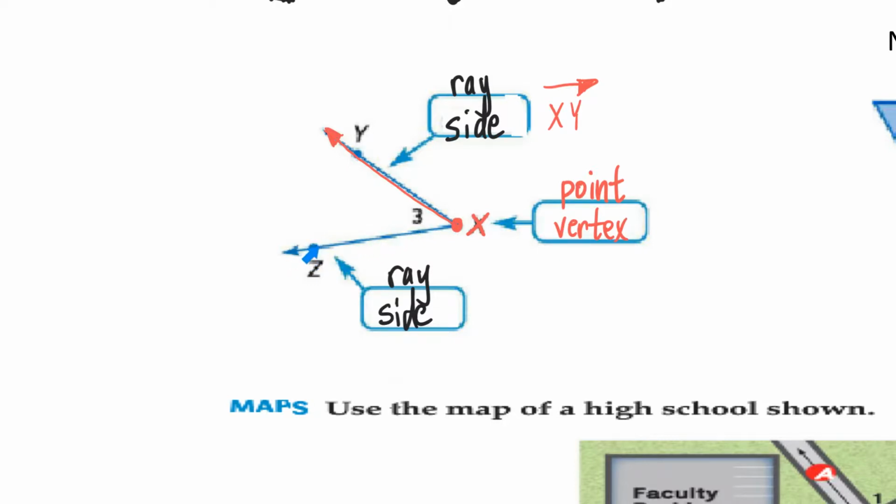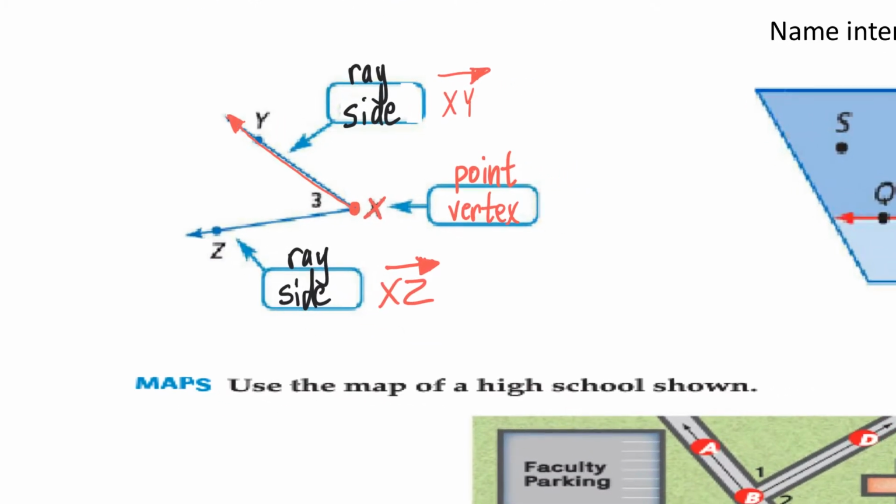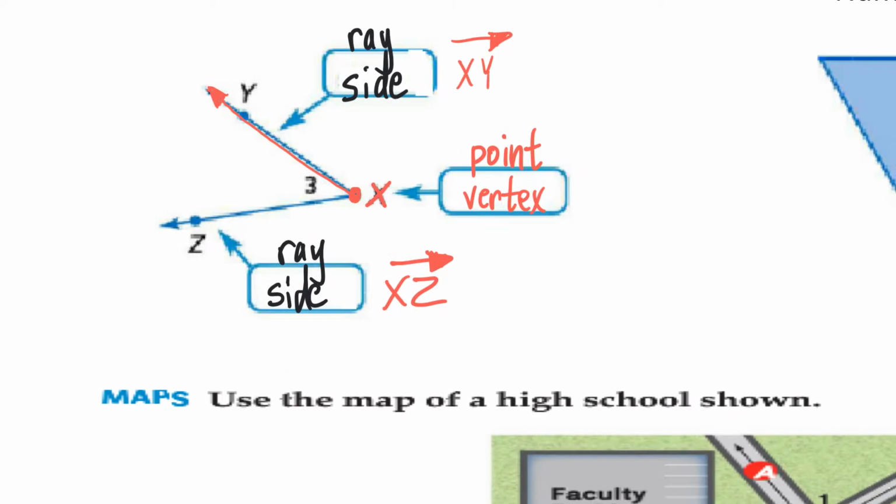Not just Z, because Z is a point, and I wouldn't name it just X, because X is a point. It is ray XZ. On the stuff that you're going to be doing a little bit, you will be naming stuff like this. And now the vertex, just by itself, what would I name that vertex? Point X. Good. Point X.